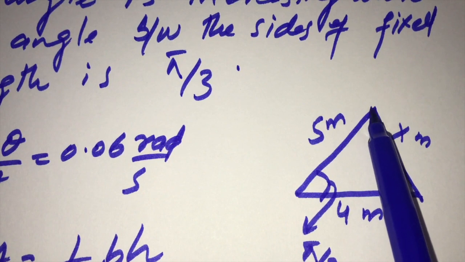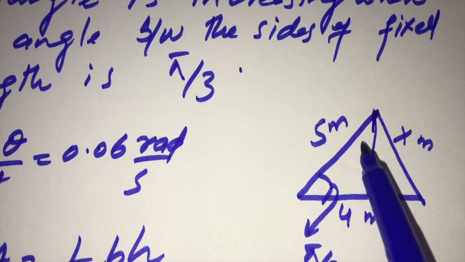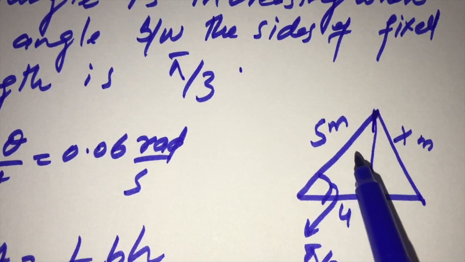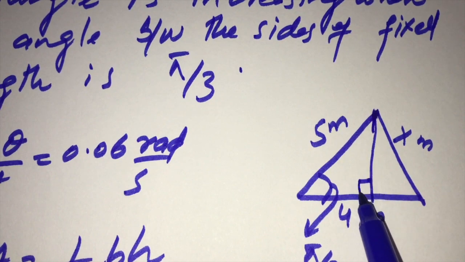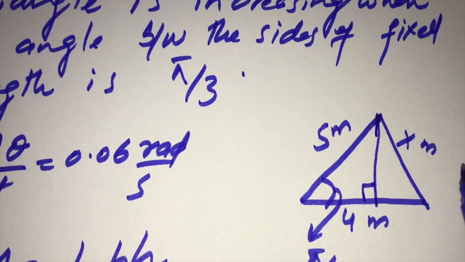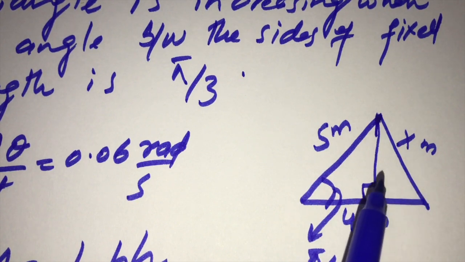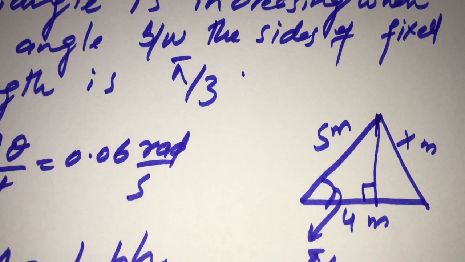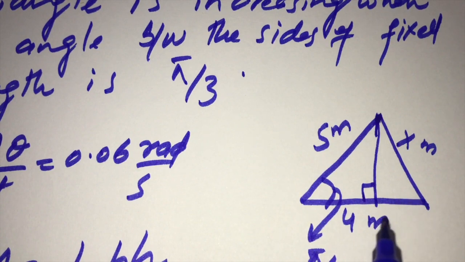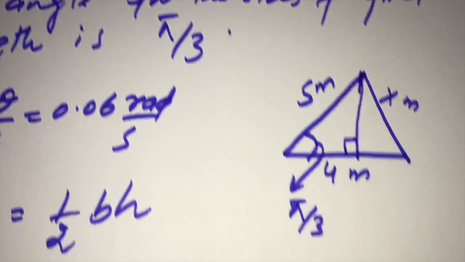When we draw this line, the right side of this line is a right triangle. This variable side is irrelevant for us. So from this you can find the relation of sine theta.